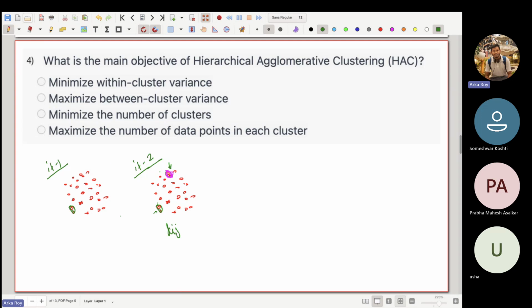Initially we started with individual clusters in red color, and with iteration, different clusters are being made because you are clubbing them together based on some similarity or distance metric.